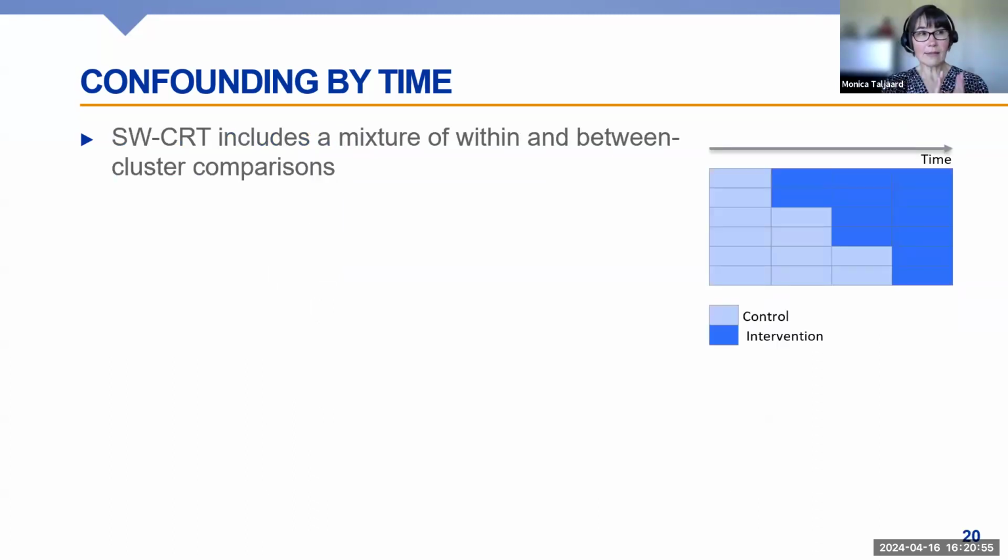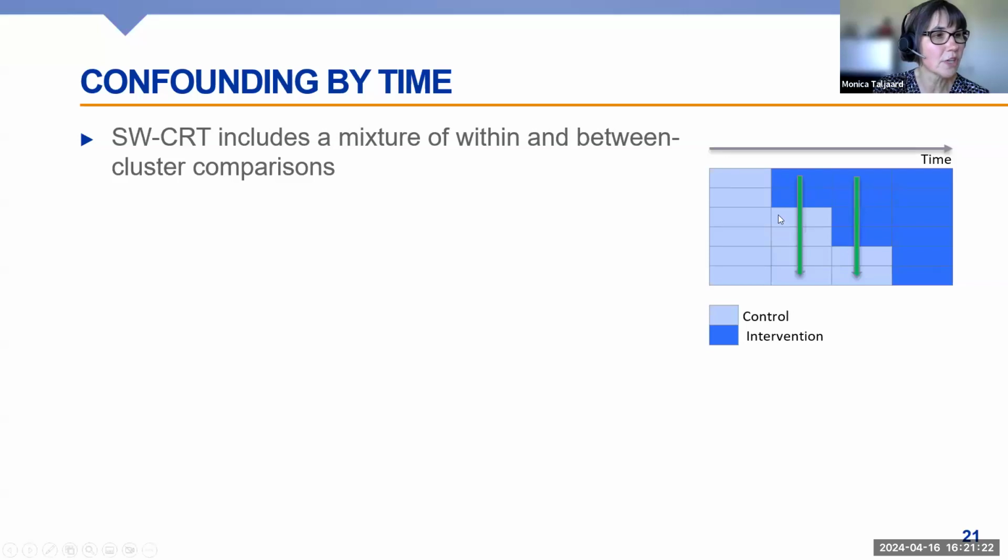Now, it's not quite the same in a stepped wedge. A stepped wedge is a step higher than a before and after design. The fact is that in a stepped wedge design, we do make before and after comparisons. So we do compare outcomes within the same cluster from before to after, but that's not all. Fortunately, in a stepped wedge, we also do have information between clusters.